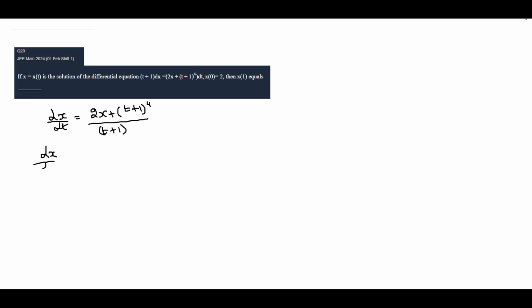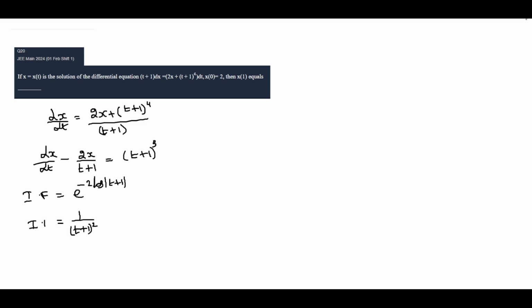So dx by dt minus, splitting the term, 2x by (t plus 1) is equal to (t plus 1) whole cube. Again the integrating factor: minus 2 by (t plus 1) is P, so e power minus 2 log mod (t plus 1), which is 1 by (t plus 1) whole square.